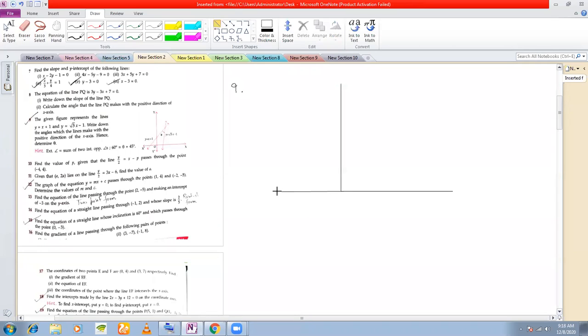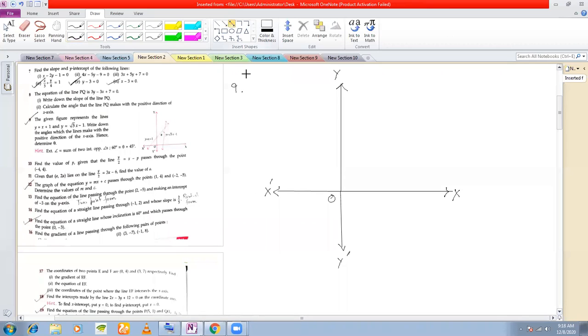Normally figures are not given in this chapter. So the x and the y axis, say this is your origin, x, y, and this is your x dashed, and this is your y dashed.